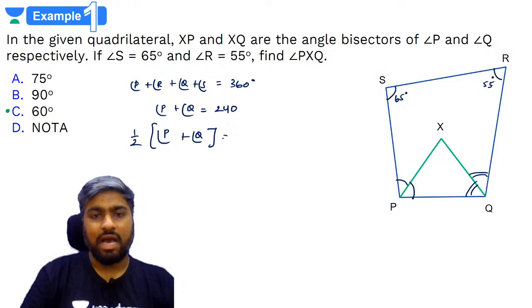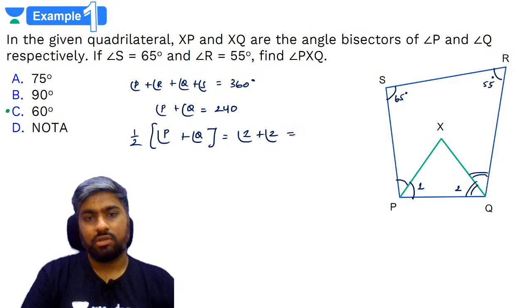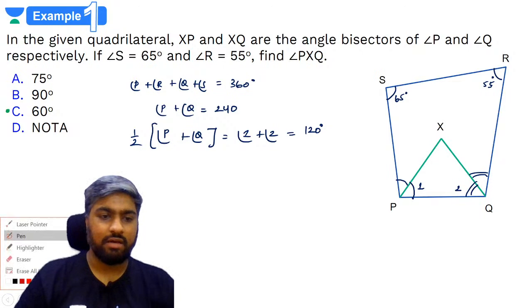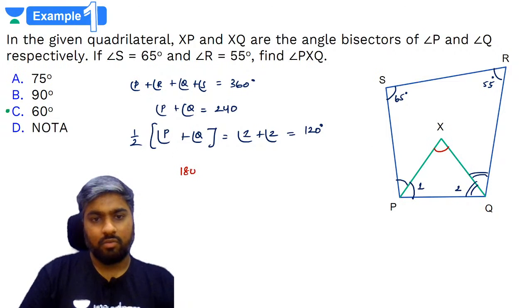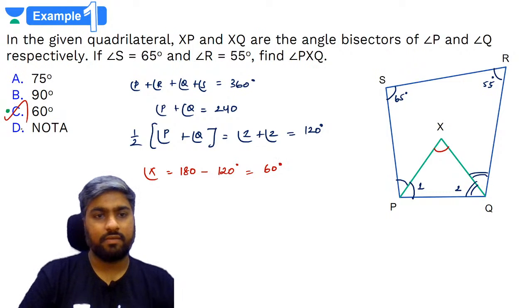Why are we looking at half of P plus Q? Because that will become angle 1 and angle 2, which is 120 degrees. This is a triangle. In a triangle, all angles add up to 180, so angle X would be equal to 180 minus (angle 1 plus angle 2, which is 120), which is 60 degrees. This would be the standard way of solving this question.